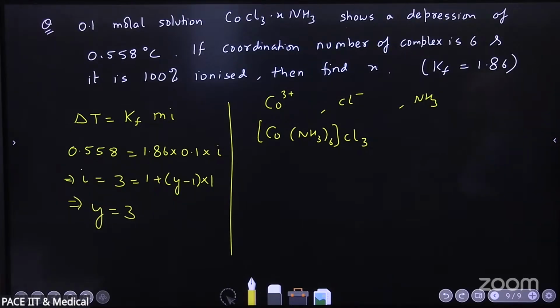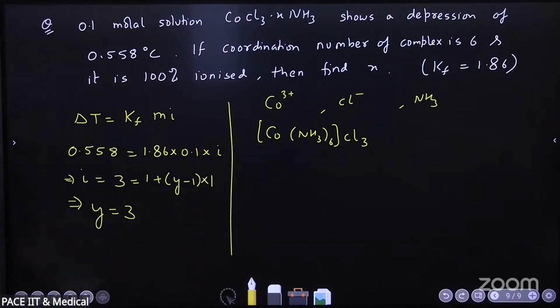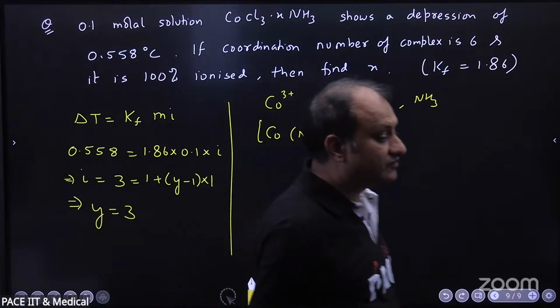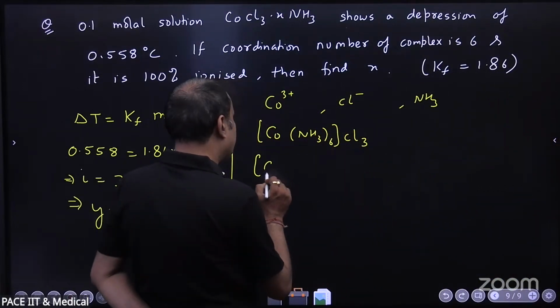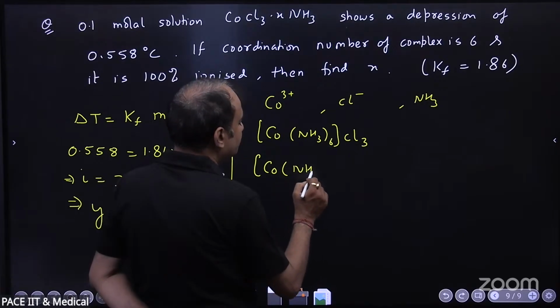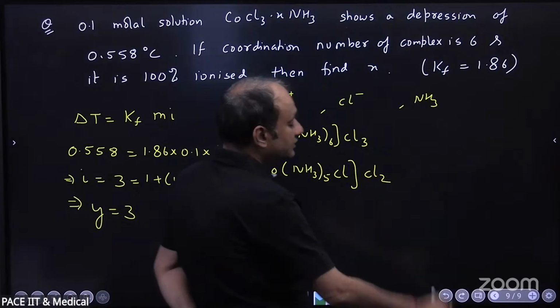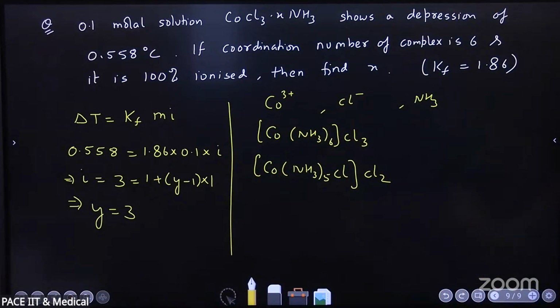Now the next situation can be that out of 3 chlorines, only 2 are making ionic bond and 1 is making coordinate bond. Then the formula will become Co(NH3)5Cl Cl2. Now here 2 chlorines are making ionic bond, 1 chlorine is making coordinate bond, and for the remaining 5 coordinate bonds we need 5 ammonia.